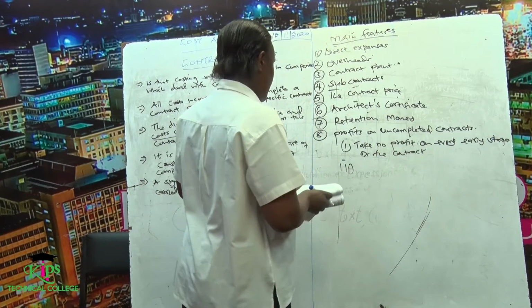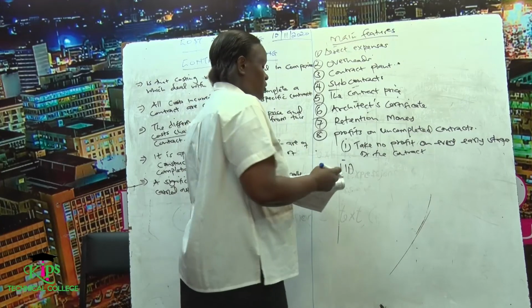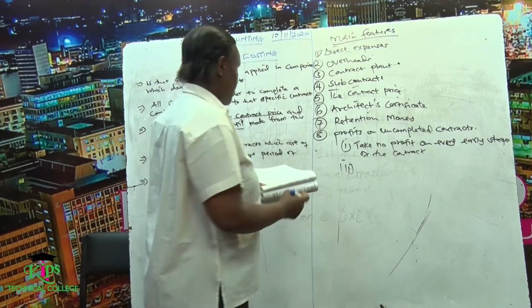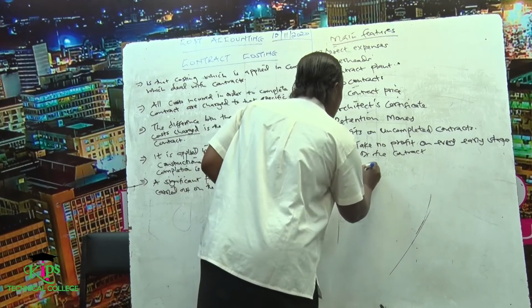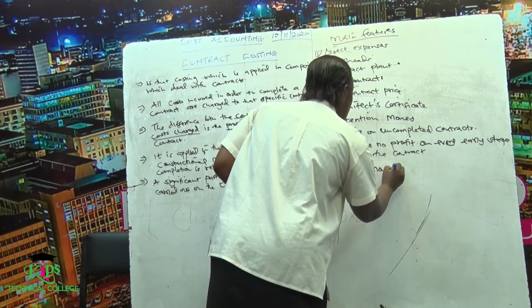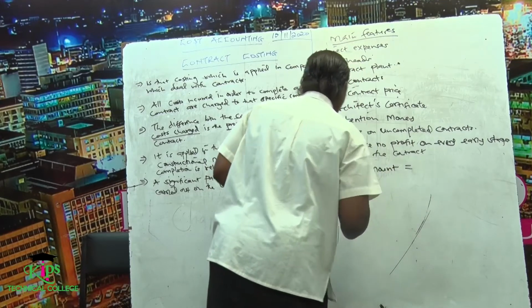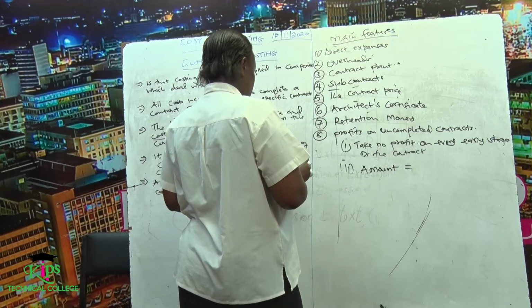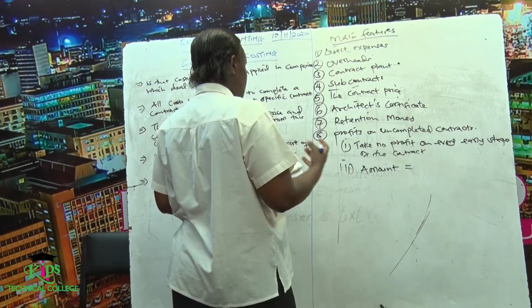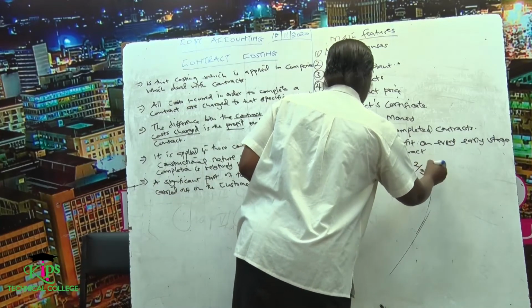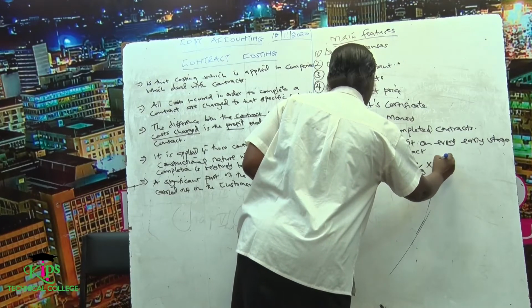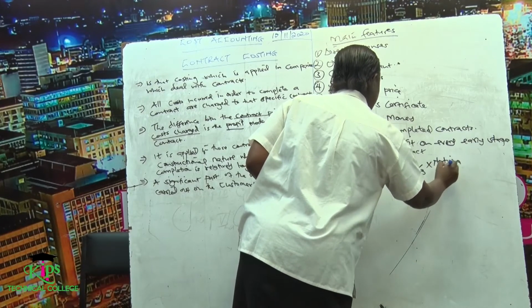Number two, when the contract is at maturity, the amount which you are supposed to take, after the contract is mature, you take 2/3 of the notional profit.